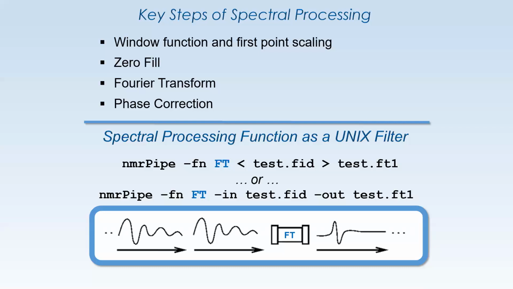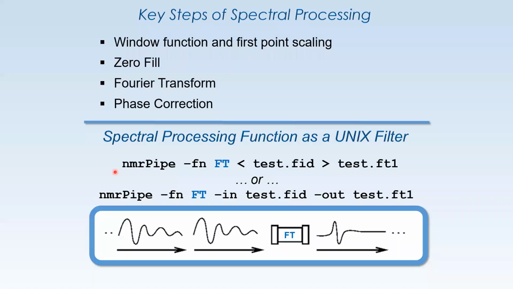A filter is some program that takes input, changes it in some way, and produces output from the changed results. So, for example, we can imagine a Fourier transform implemented as a filter that takes as its input a series of time domain vectors and produces as its output a series of frequency domain vectors.